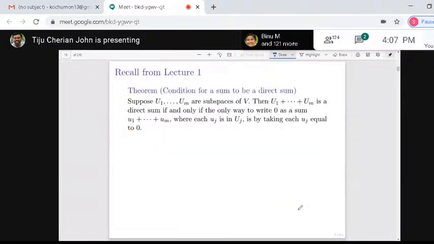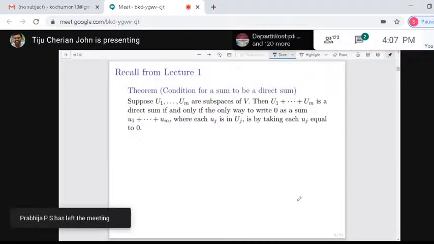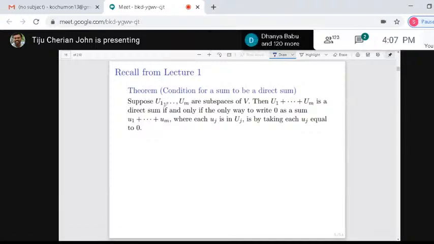Now we recall some theorems from the first two lectures. Initially, we saw a condition for when a sum of subspaces is a direct sum. Suppose you have subspaces U1, U2, ..., Um of V. When is the sum U1 + U2 + ... + Um a direct sum?